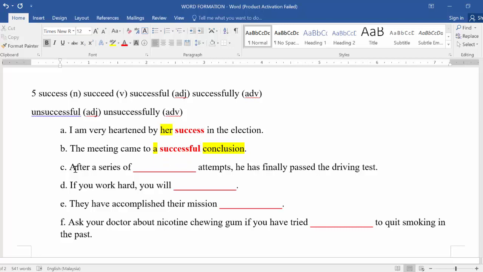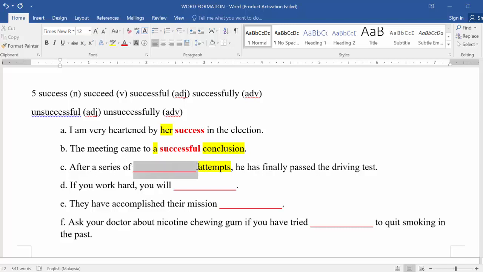Next one, C. After a series of what attempts? Attempts means tries. He has finally passed the driving test. After a series of what? Attempts here, tries, means this is a noun. A series of attempts is a noun here, and we have a determiner, a series of.